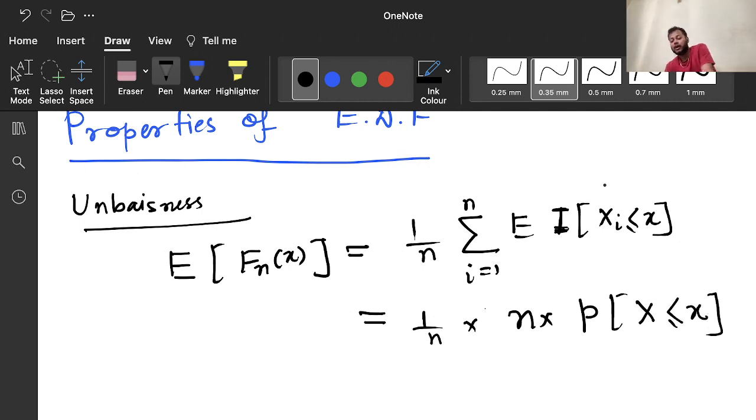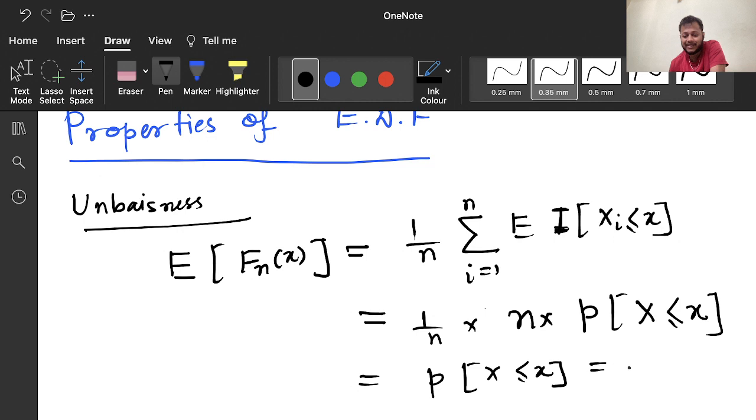Since all the X_i's are independent, the expectation of all the X_i's will be same, and the expectation of this indicator function is nothing but the probability of X less than x. Since all are same, so n into p, so this will become the probability of X less than small x.